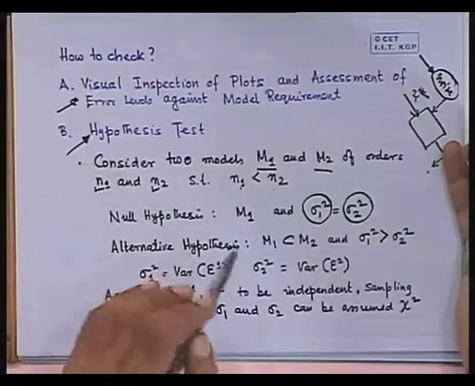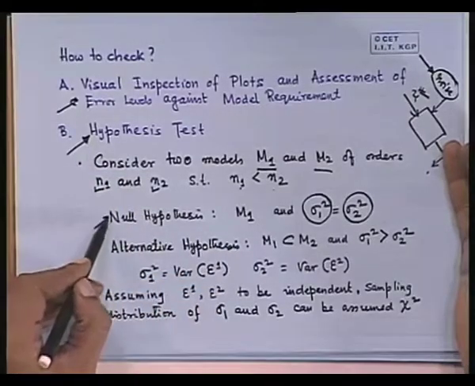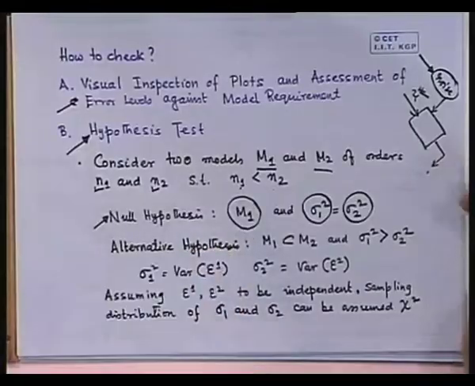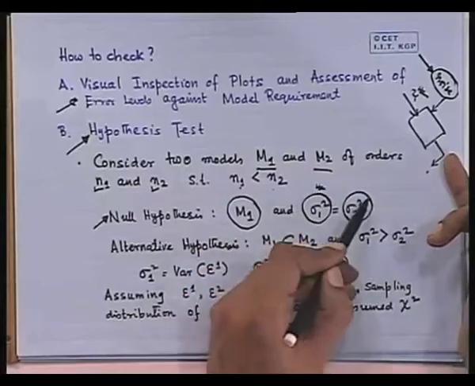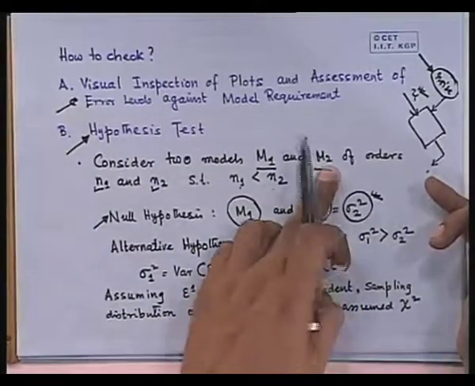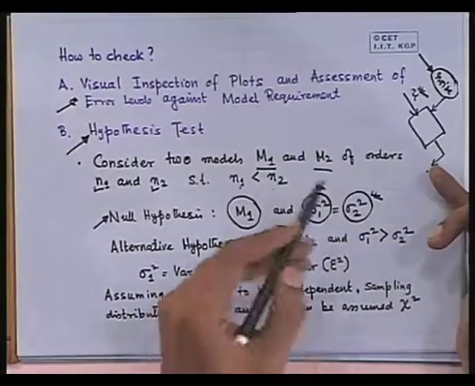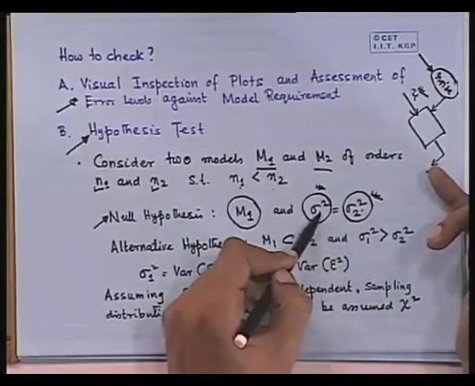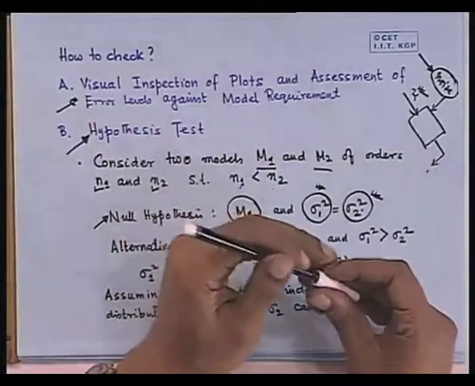So what is my null hypothesis? Null hypothesis means the basic hypothesis which I want to reject or accept: that the true model structure is M1, and the variance of the prediction error if I use a model structure of M2 is the same, that is, sigma 1 and sigma 2 are the same, which means that M1 is a sufficient order model.